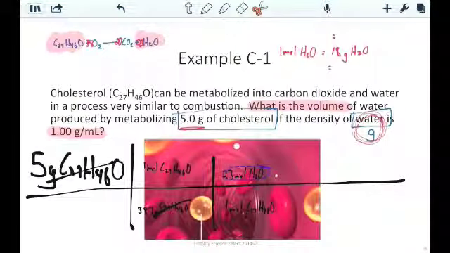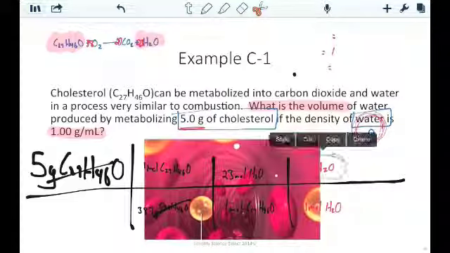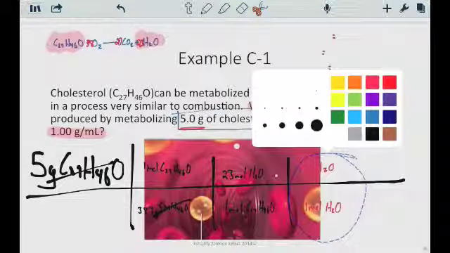And then we keep going because we need grams of H2O. So match it up. We have to multiply. Oh, forgot our 1. Make it in black so we can see it.